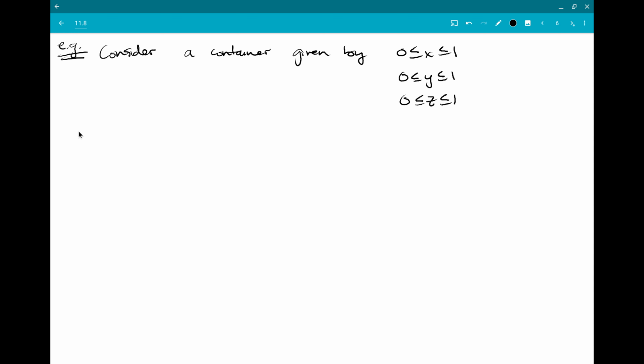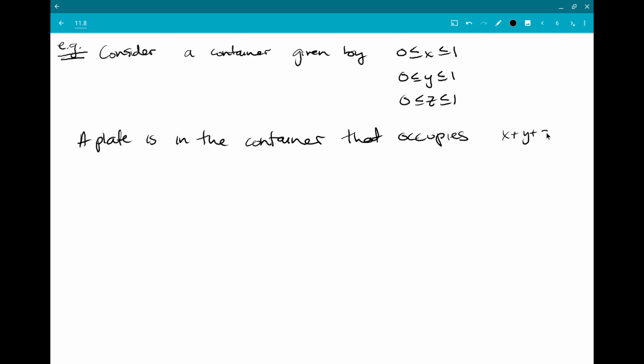And we're going to place a plate in the container. And the graphical description of where that plate is given by x plus y plus z equal to 1.